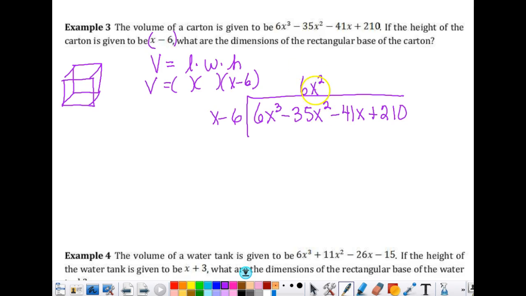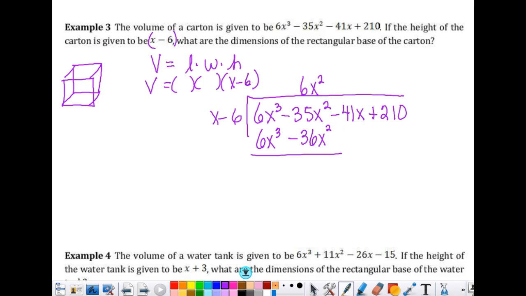So 6x squared times x is 6x to the third. If you don't get this exact same number here, you've already started off on the wrong foot. Back up and refigure. 6x squared times negative 6 is negative 36x squared.